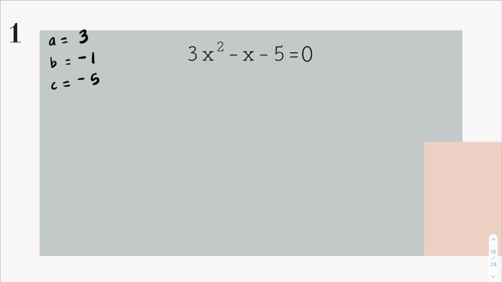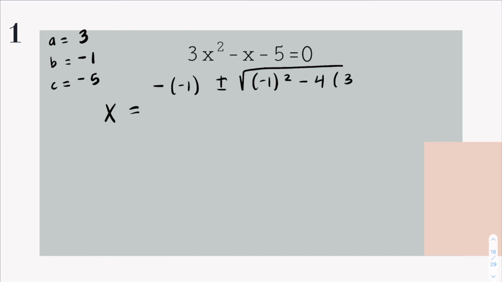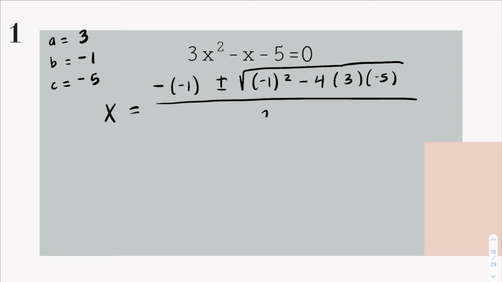So now we're just going to use our quadratic formula and replace all of the variables in our formula with these assigned values. So we have x equals -b plus or minus the square root of b squared minus 4 times a times c all over 2 times a.